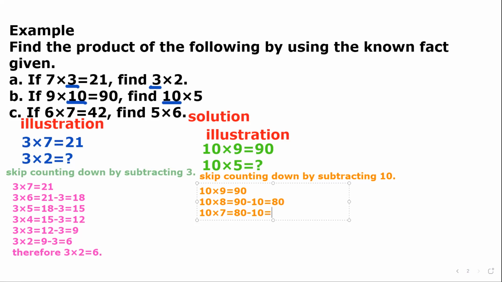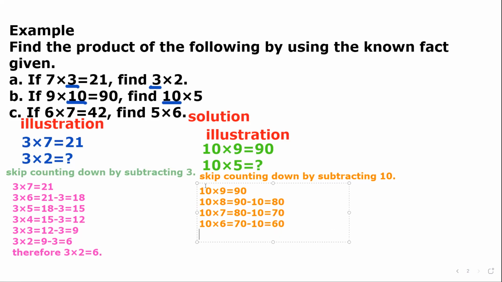Then the answer will be 70. Now we have 10 times 6, which is equal to the previous answer, 70 minus 10, the multiplier, and the answer is 60.